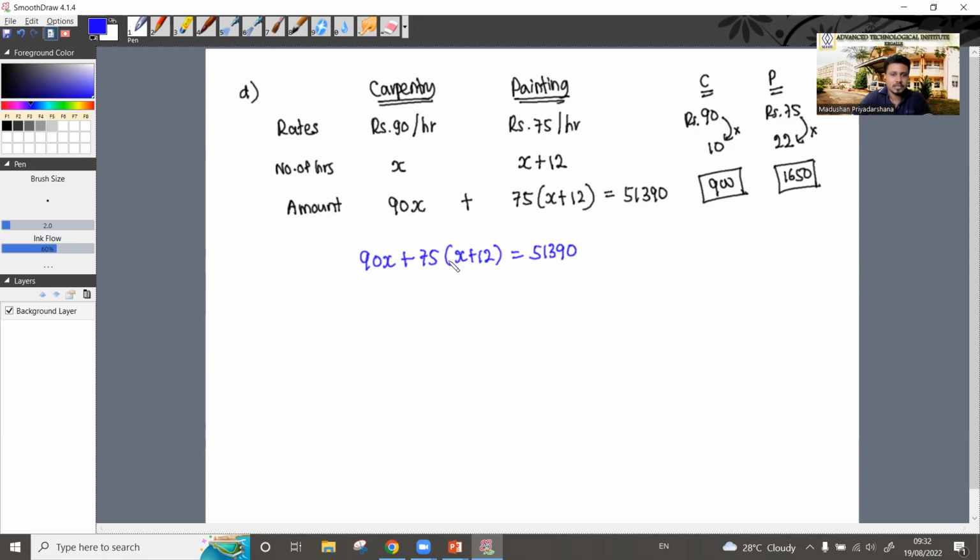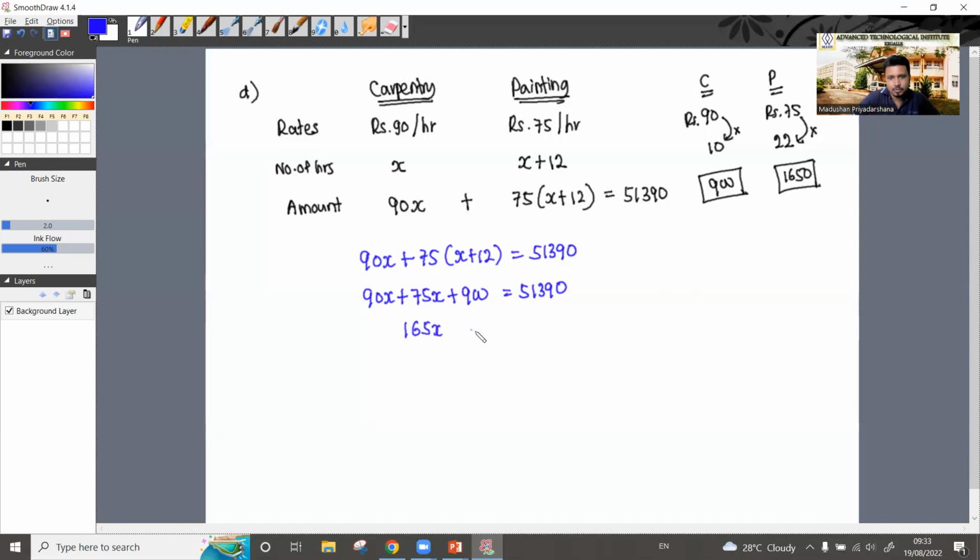We do not like terms inside brackets; we need to take them out. Then it should be 75 into x, that is 75x, and 75 into 12, that is 900. Plus 900 equals 51,390. So 90 plus 75 is 165x.